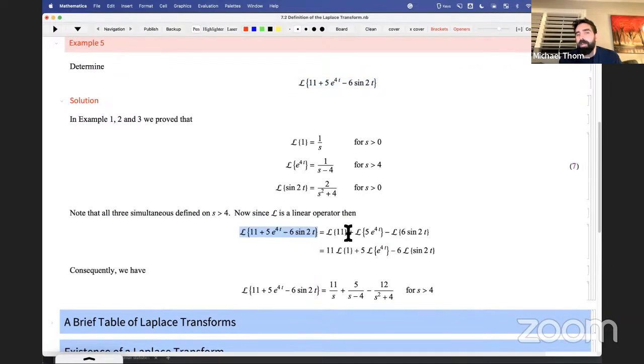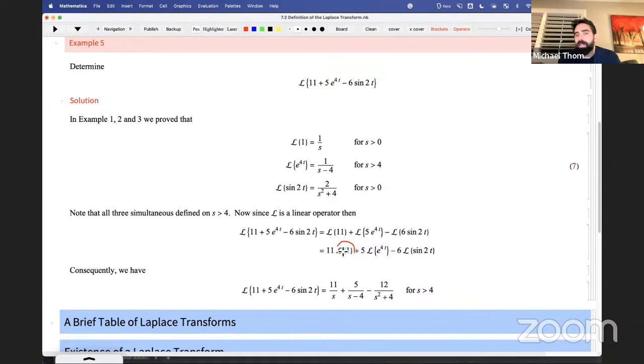You notice that I'm going to push it to the 11, to the 5e to the 4t, and to the 6 sine 2t. Now, all of them have constants sitting in front of them, so we can push them through the constants too. Like the 6, I can pull it right outside. The 5, I can pull it right outside. And even the 11, I can pull right outside if I leave the inside one as a 1.